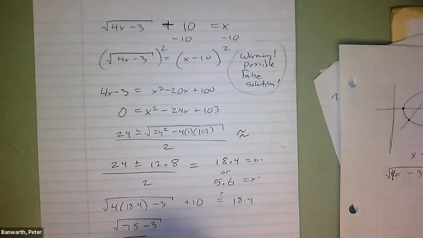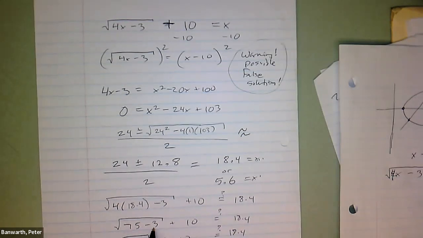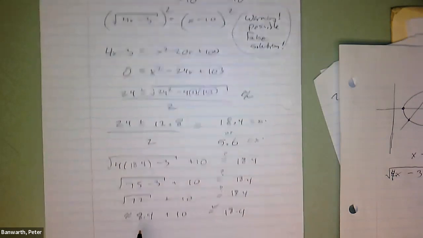So that's, in the end, the square root of 72, which is approximately 8.4, which when I add to 10 gets me 18.4. Notice I'm taking the square root of a positive number, so that's okay.